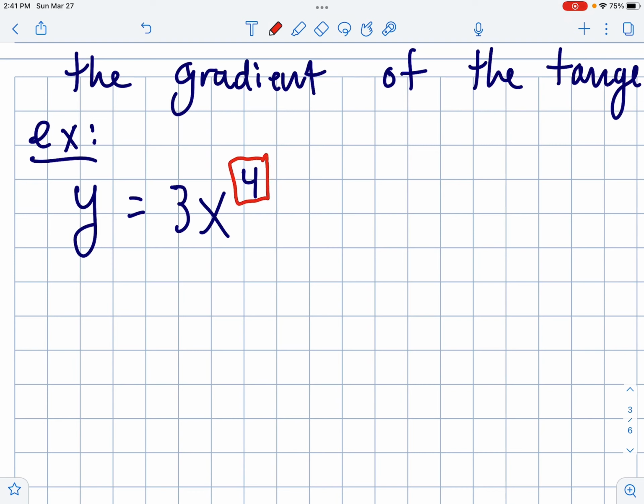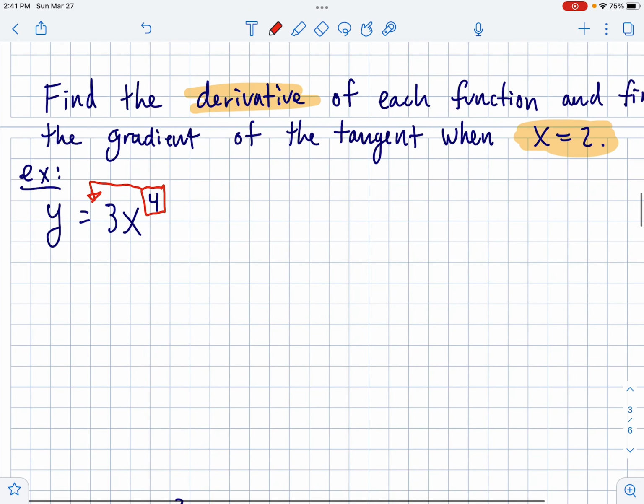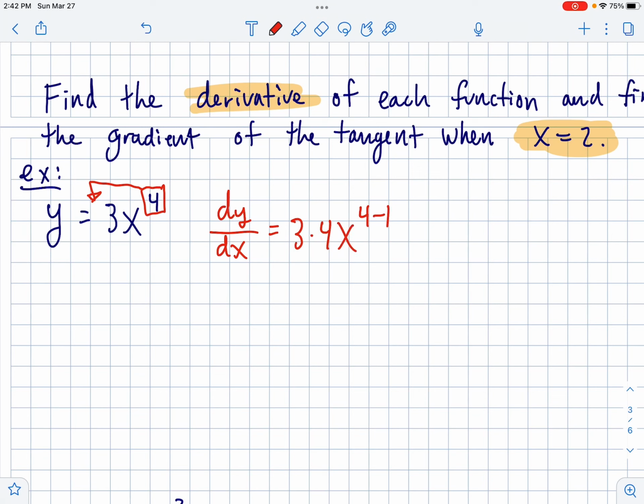The pop and drop method, because this is in the form of number x to the power of number, to the 4th power, the 4 comes out in front, so that's the pop. Then we have to drop it down one. So dy/dx, which is just notation for taking the derivative, is 3 times 4 x to the 4 minus 1.